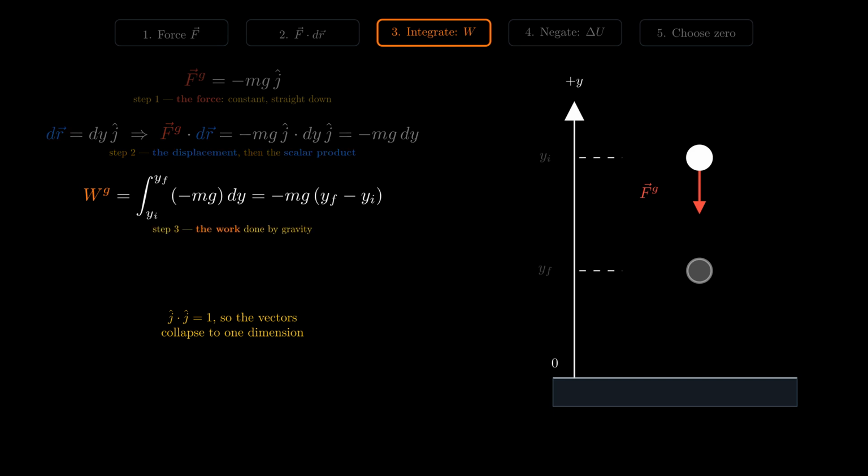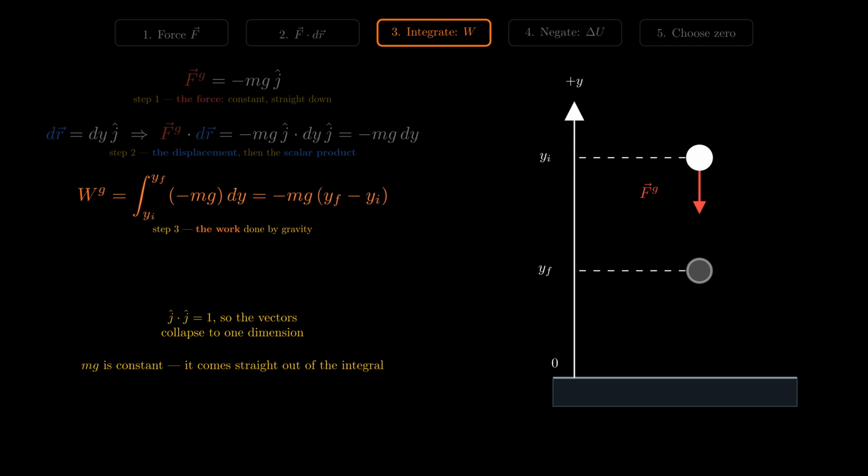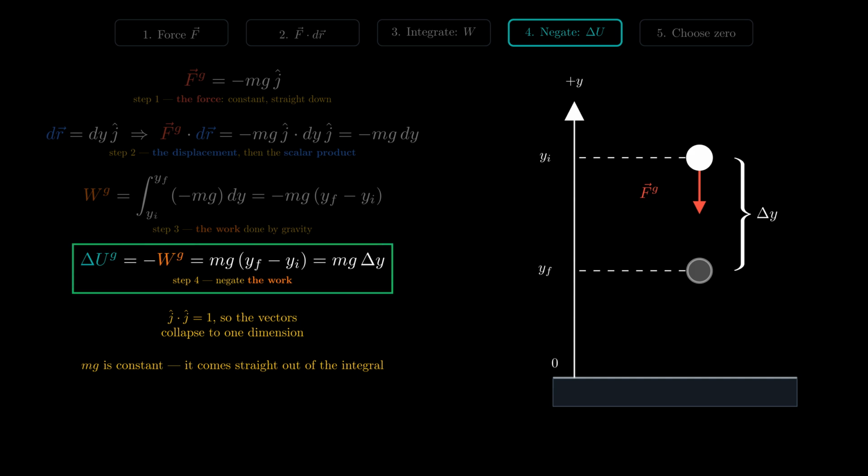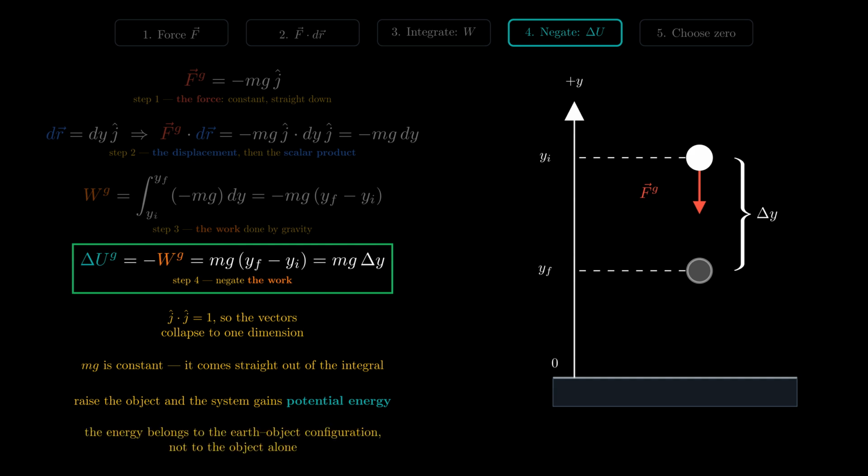The work from y sub i to y sub f is the integral of minus mg dy, and with mg constant, that is minus mg times the quantity y sub f minus y sub i. Step 4. Negate. The change in potential energy is mg times the quantity y sub f minus y sub i, mg delta y. Raise the object and the system gains potential energy. And the energy belongs to the Earth-object configuration, not to the object alone.